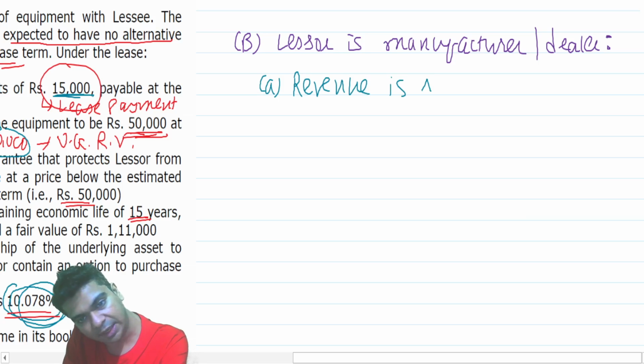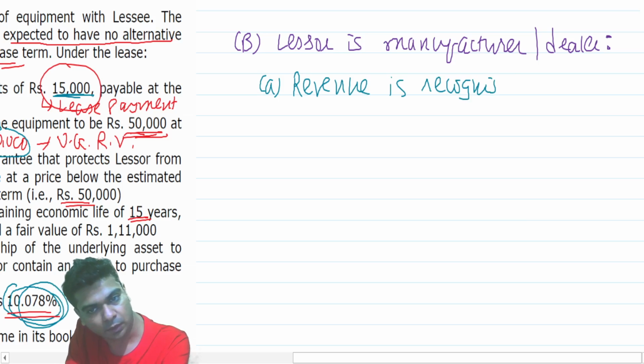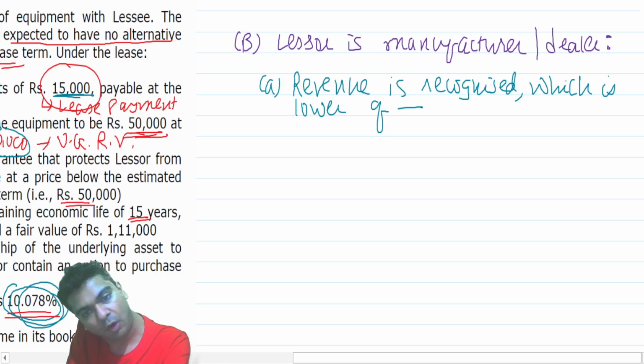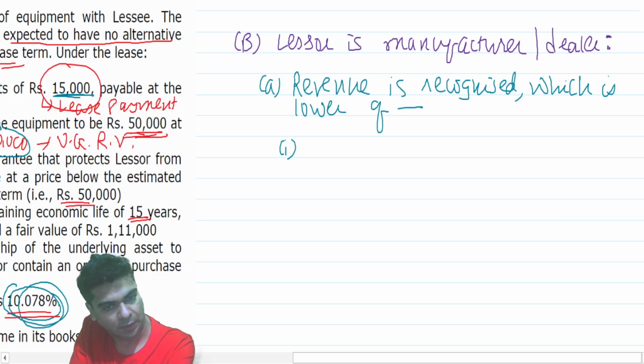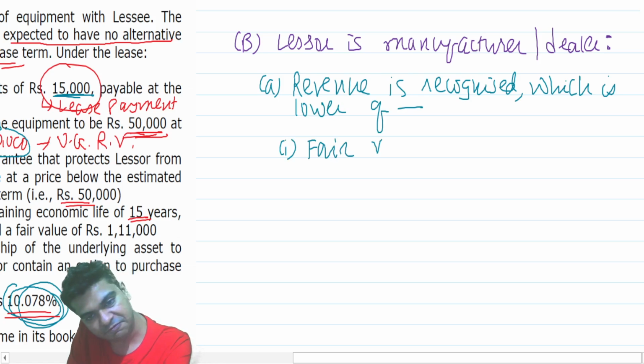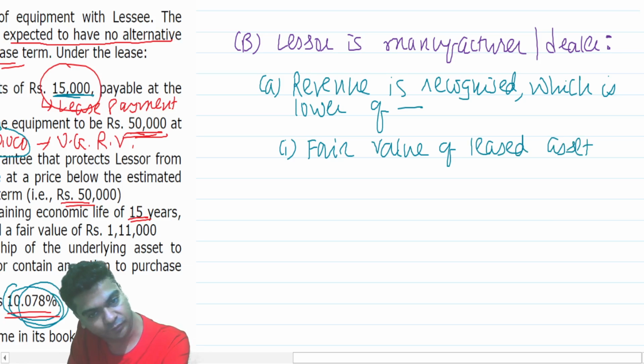Revenue is recognized, which is lower of fair value of leased asset, that is rupees.